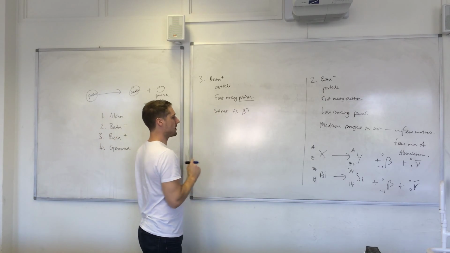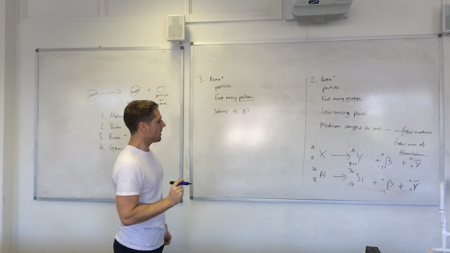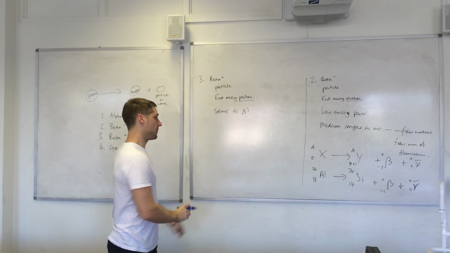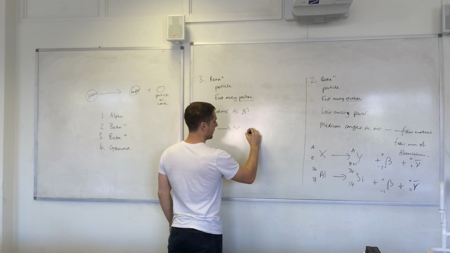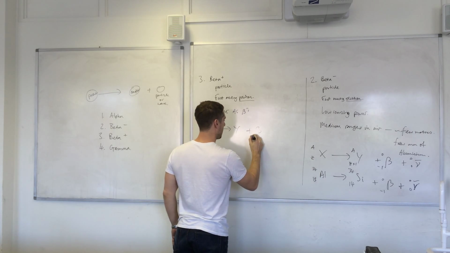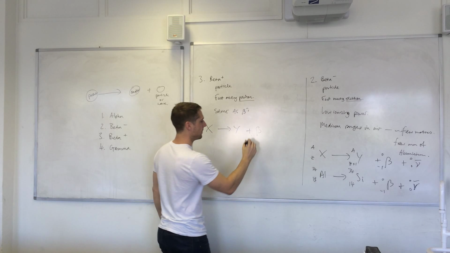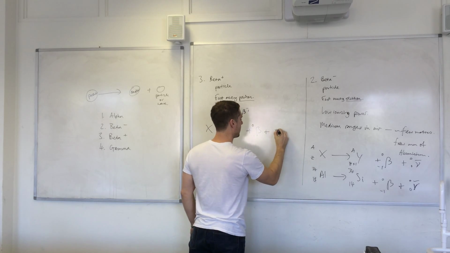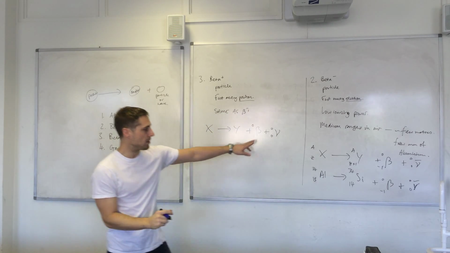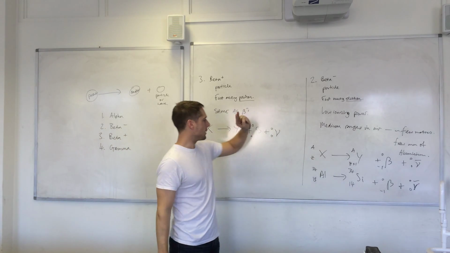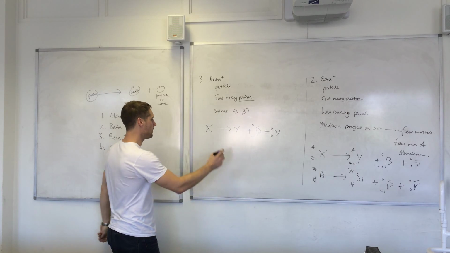The general equation is slightly different, but has a very similar format. Here it's plus 1 and 0, and this doesn't have the bar over the top. So the bar indicating that it was the anti-neutrino, this is the neutrino.